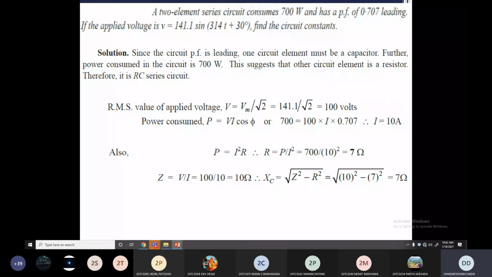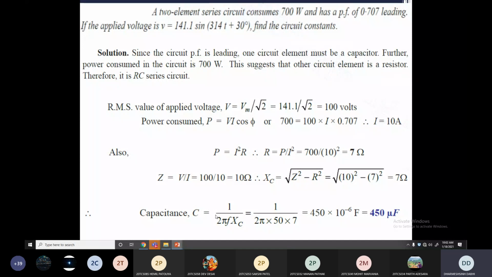So Xc is what? 1 upon 2 pi f into C. So C is equal to 1 upon 2 pi f into Xc.